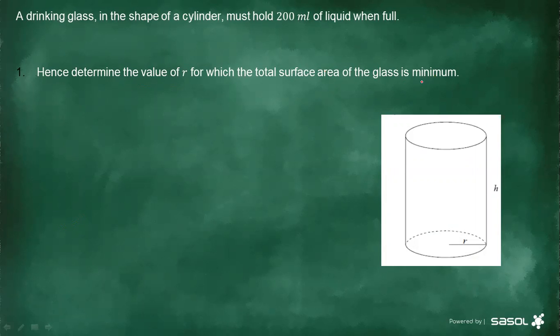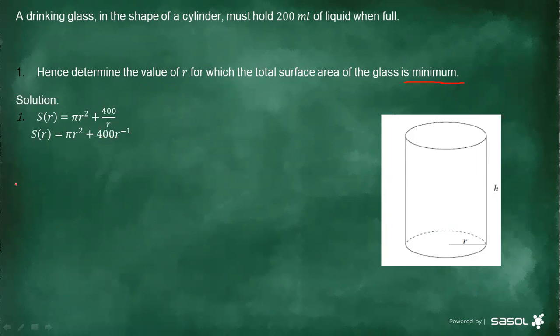Let me underline: every time they talk about minimum or maximum, you know that you take the surface area equation you have created and derive it. But before we do the derivative, remember we cannot derive a fraction like this one. Hence we write it as 400 r to the power negative 1.